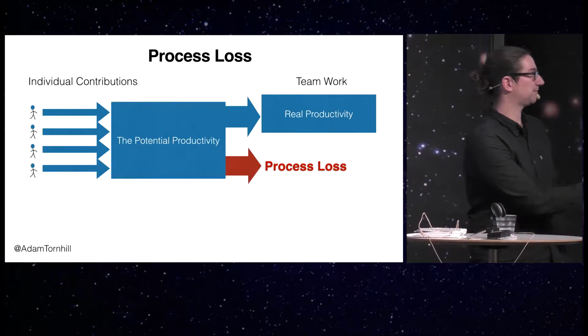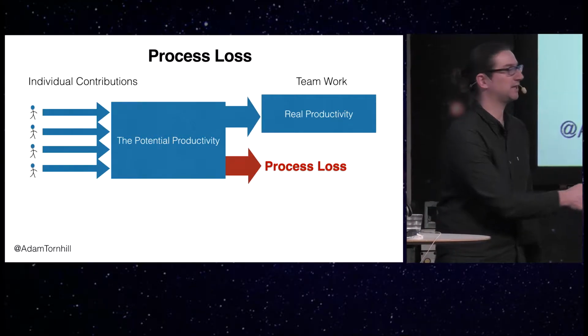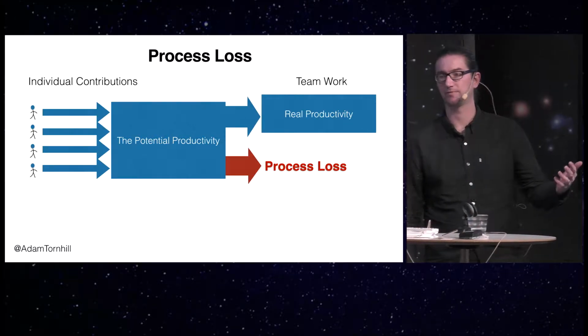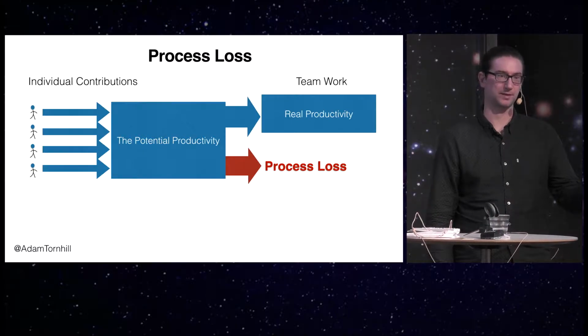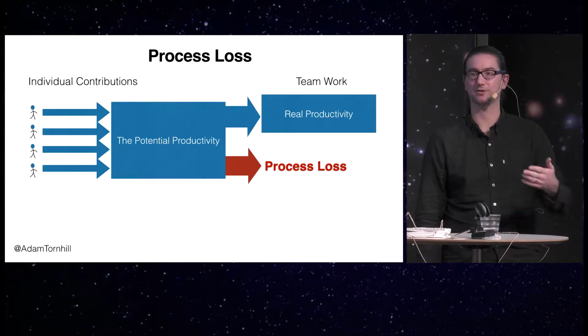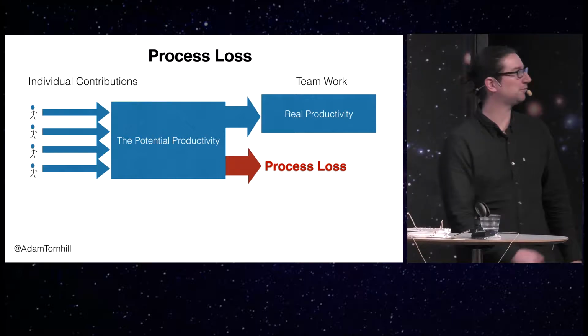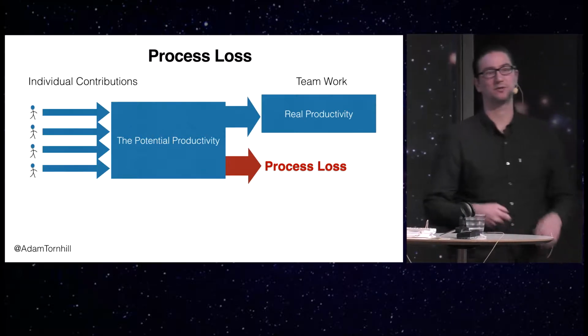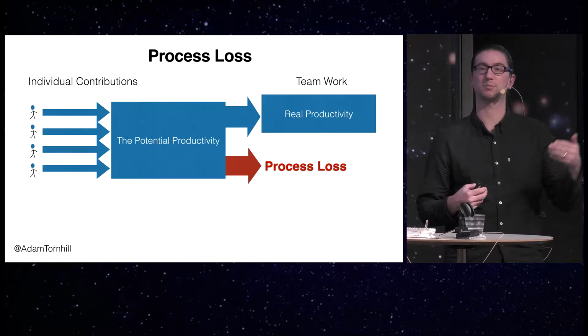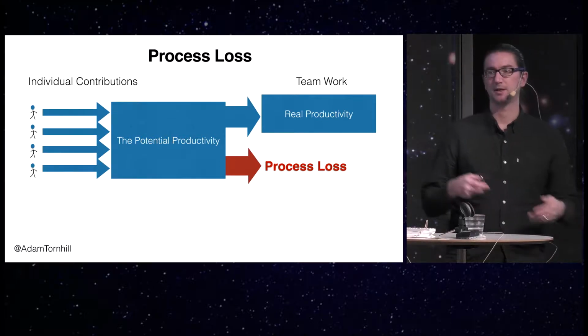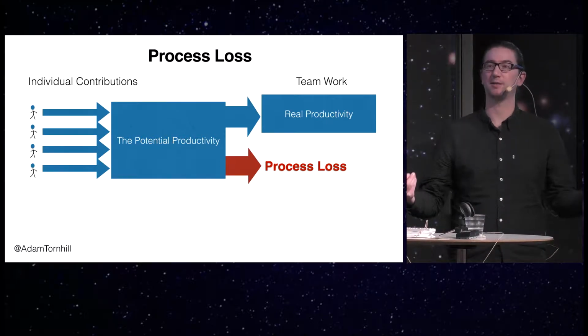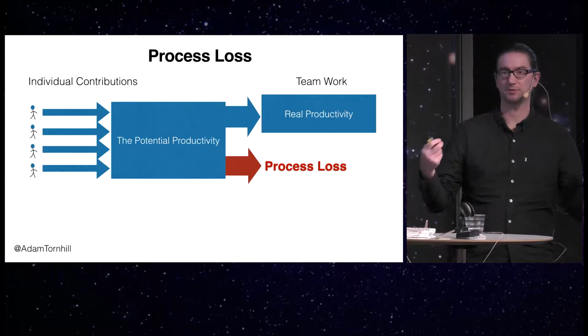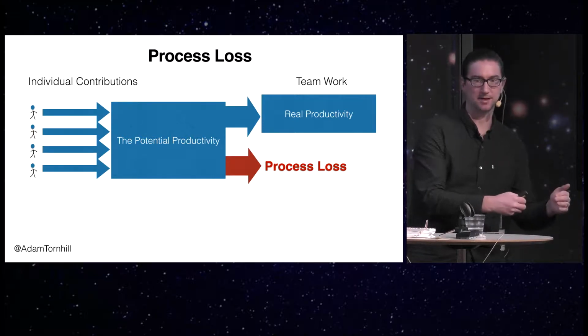Well, the actual type of process loss that you get depends on the task you do. But with complex and interdependent tasks like software development, I will claim that most of the process loss is due to things like coordination and communication overhead. And the bad news is that we can never eliminate process loss entirely. But what we can do is to try to minimize it.